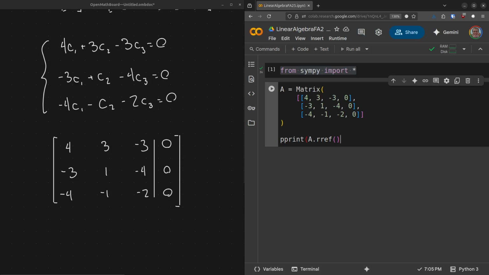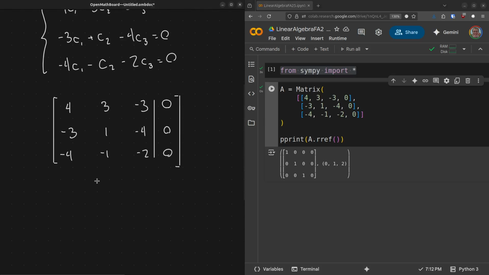Print it so it's nice and pretty. And so my system, once in reduced row echelon form, I get 1, 0, 0, 0, 0, 1, 0, 0, 0, 0, 1, 0. Oh, wait, I'm sorry. No, that's right.